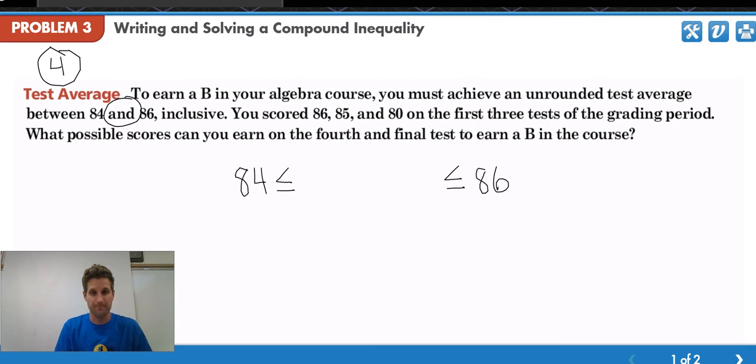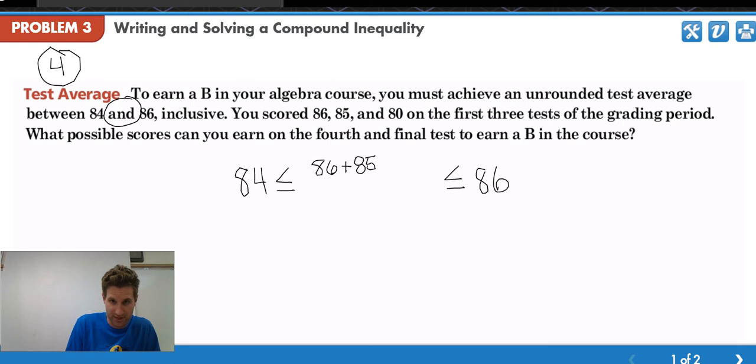And, right? We score an 86, 85 and 80 on 3 tests. What's the possible 4th and final test? Well, this is how averages work, right? You add up how many tests you have and you divide it by how many tests you took, right? So we took 1 test and we got an 86. We took another test, we got 85.